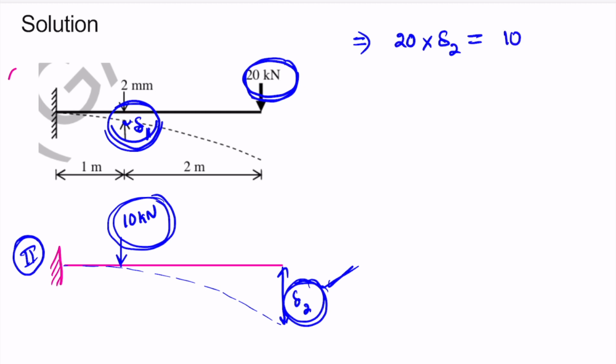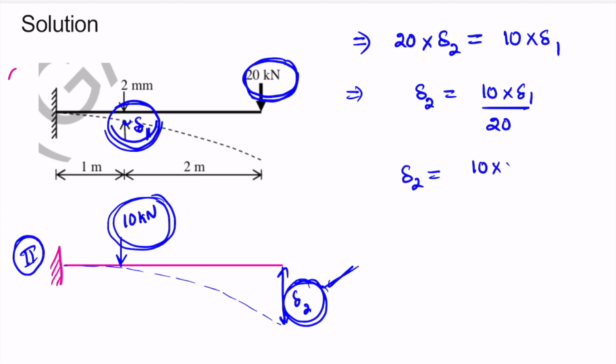So 10 multiplied by delta 1. The value of delta 2 we need to find out. Delta 1 is already given to us. So delta 2 will be equal to 10 multiplied by delta 1 divided by 20. Delta 1 is given as 2 mm. So 10 multiplied by 2 divided by 20. From here we get the value of delta 2 as 1 mm.